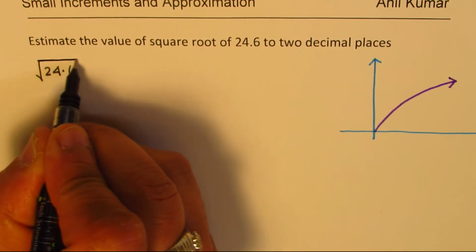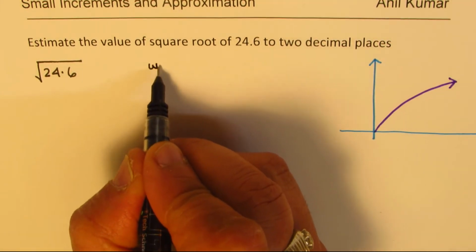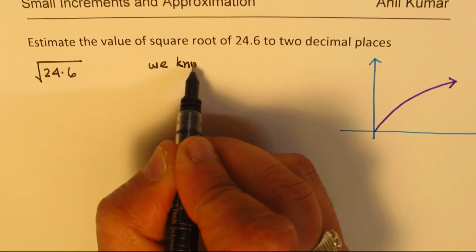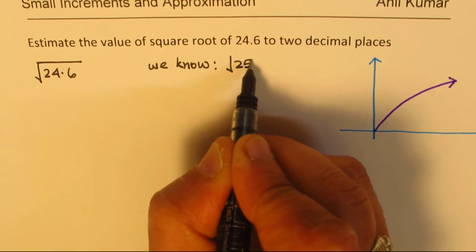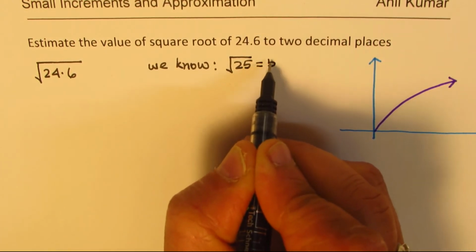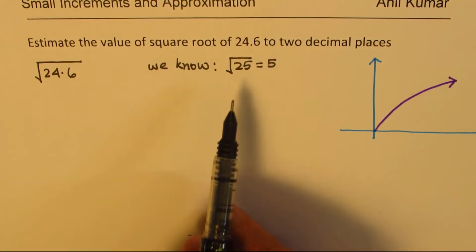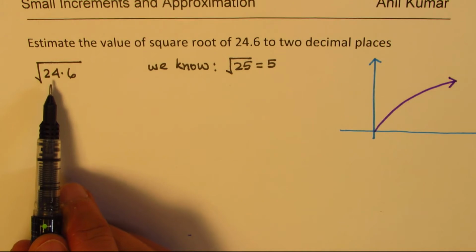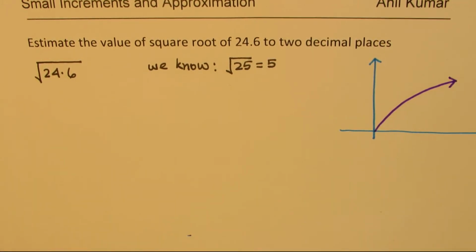This is what we need to find. Okay, what we know exactly that square root of 25 is 5. That's what we know. So we could estimate the value. It has to be slightly lesser than 5. Okay, 24.6 is very close.